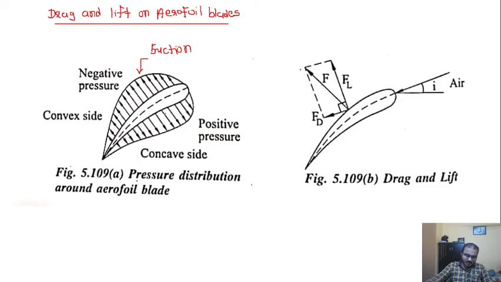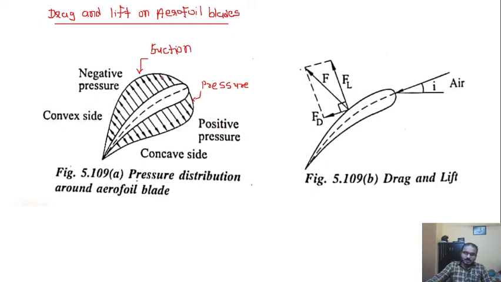They stress this portion of the blade, that's why a positive pressure is generated, so this is known as the pressure side. So essentially there are two sides of an aerofoil, pressure side and suction side. The concave side is the pressure side and the convex side is the suction side. The suction side has negative pressure distribution, and the pressure side has positive pressure distribution.